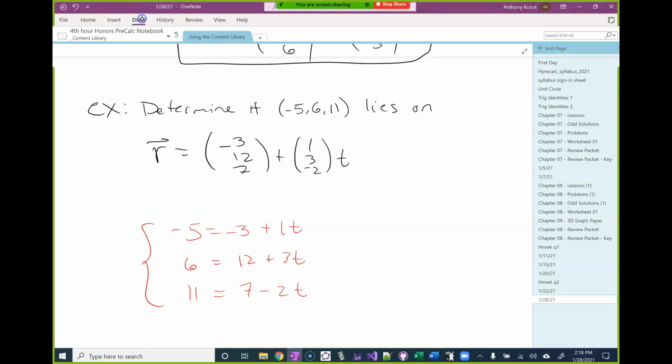Okay. So that's my x. There's my -5, and there's the rest of my system. And then there's my y, and there's the rest of that system.